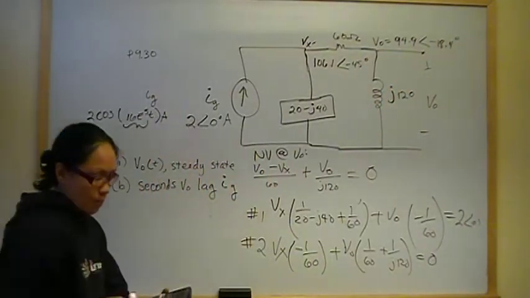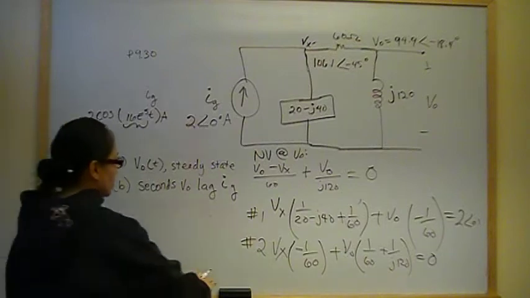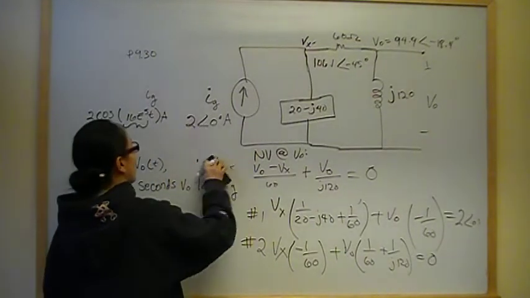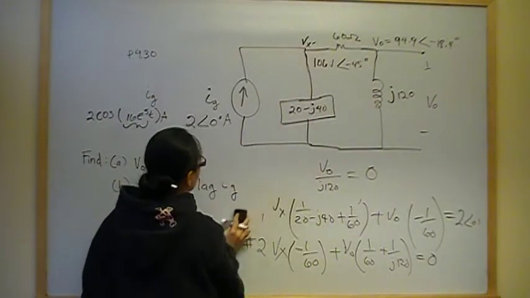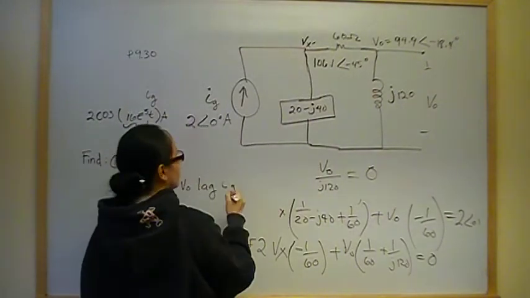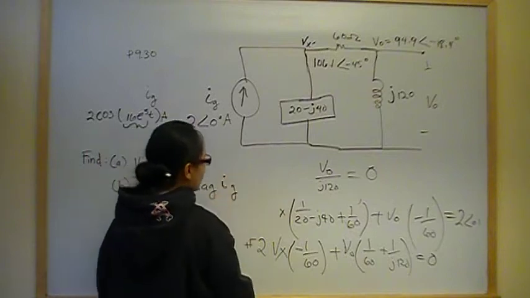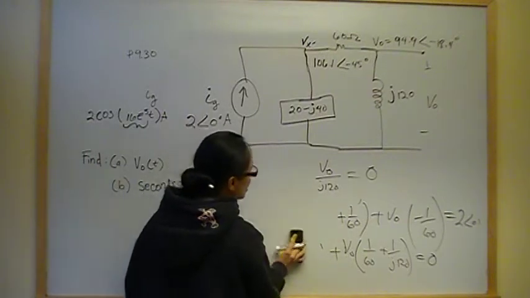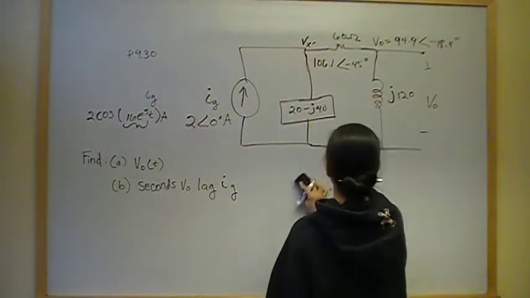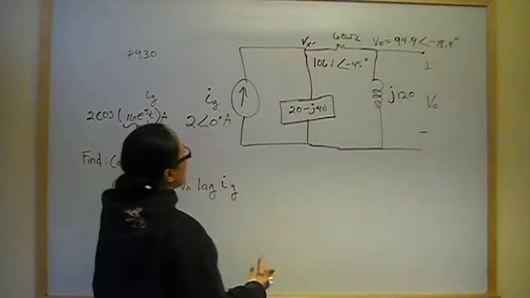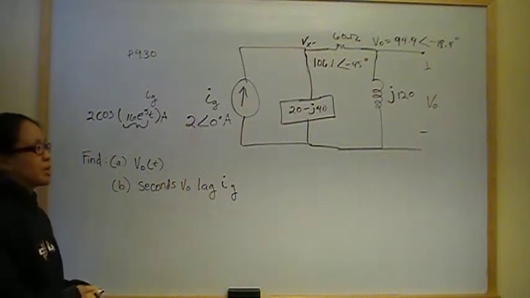Okay, so the answer to part 1 is the steady state equation for V out. Well, you don't leave answers in terms of phasors. You put answers in terms of sinusoid, and we always use cosine. Since our current was already in the form of cosine, our voltage will also be in the form of cosine.